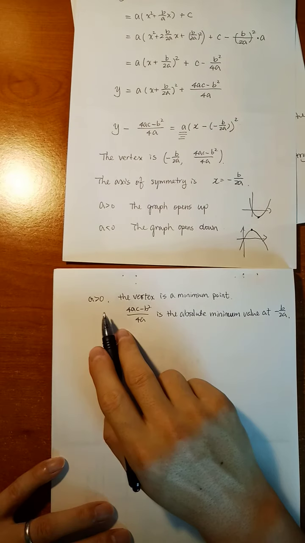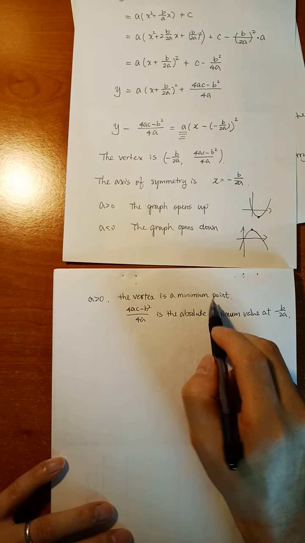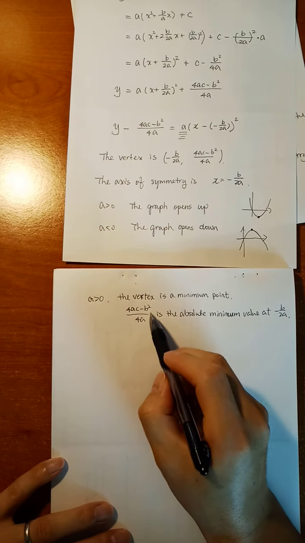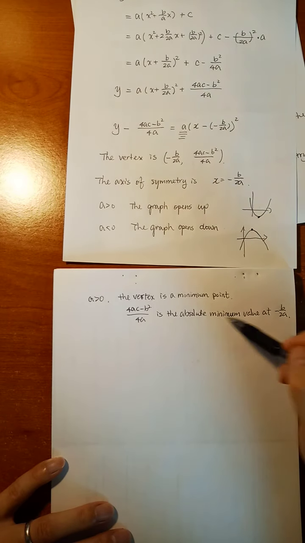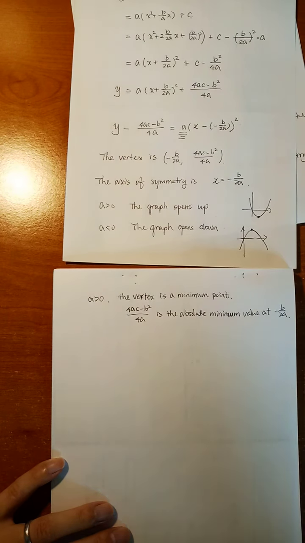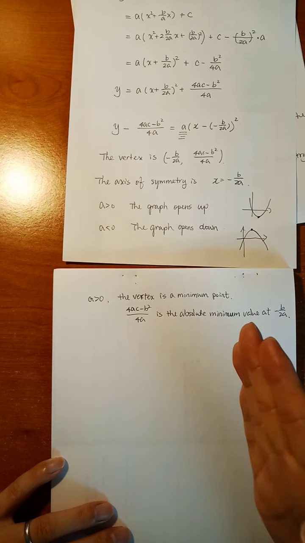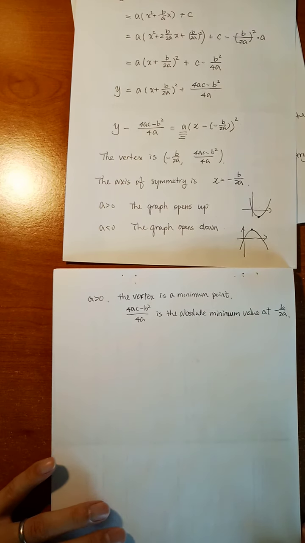Okay, so when a is greater than 0, the vertex is a minimum point. The corresponding y coordinate is the absolute minimum value at the x coordinate. The minimum value happens at the x coordinate.